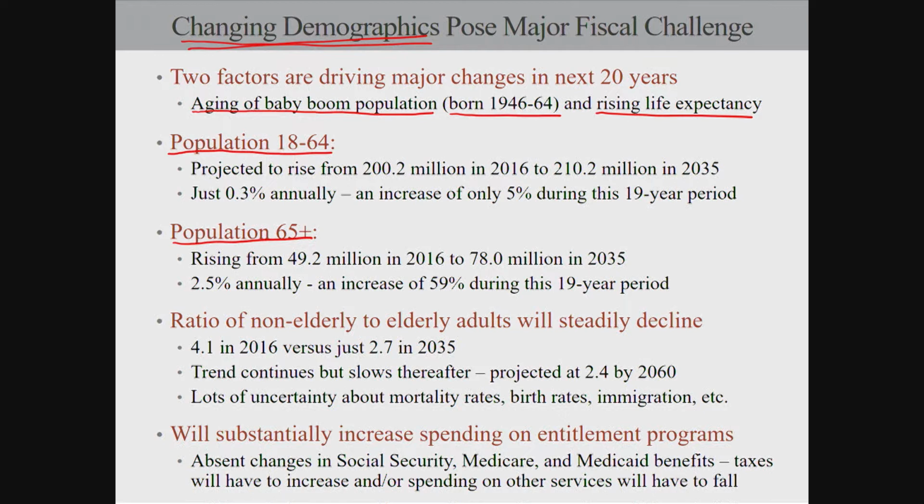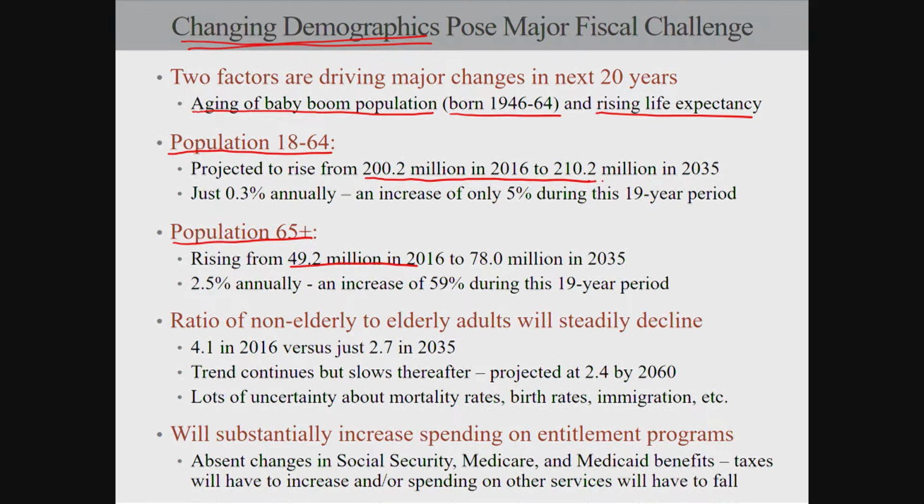The most recent population projection data uses as its baseline a population of 200 million non-elderly adults in 2016 and 49 million 65 and up. So you basically have about 4.1 non-elderly adults for every elderly adult in the US in 2016, 4 years ago.